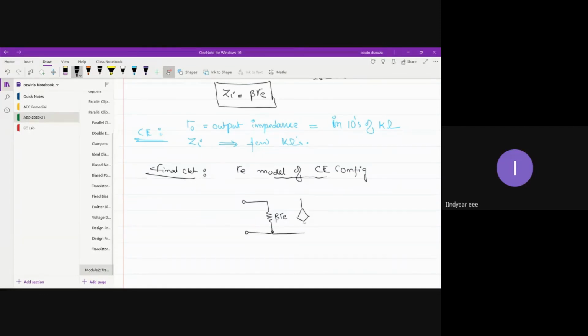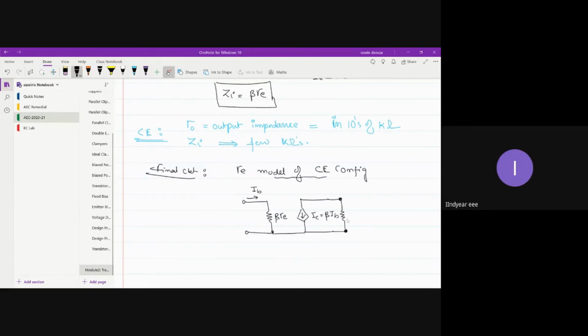This, let me take it as beta RE. This, let me consider it as IC, which is equal to beta IB. So this is my IB.